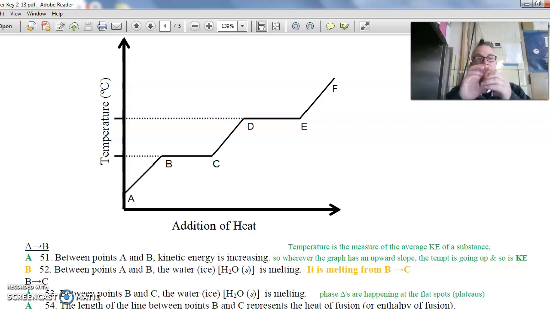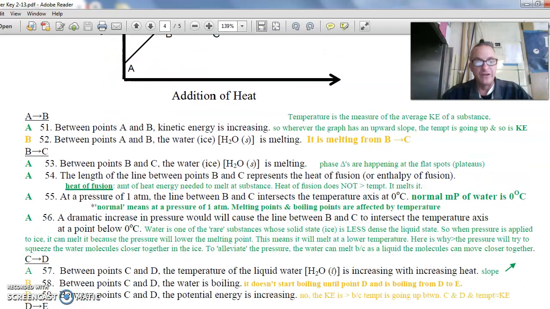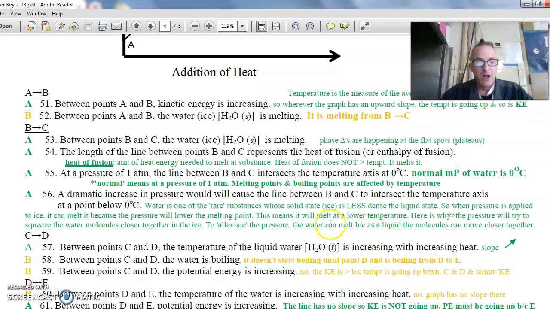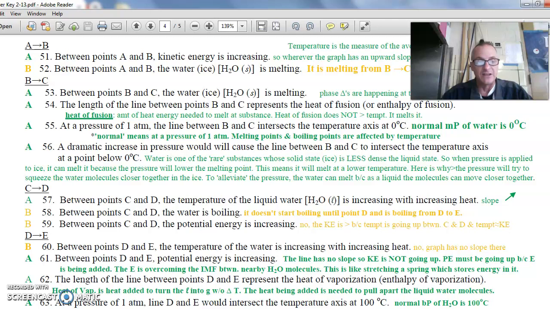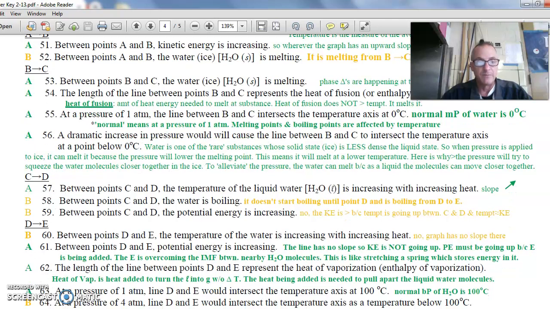It's less because the molecules are able to go closer together. So when water is in the liquid state, the molecules can go closer together, which would lower the pressure. They're now allowed to move closer together. Water is one of the weird substances that has its solid state less dense than its liquid state.